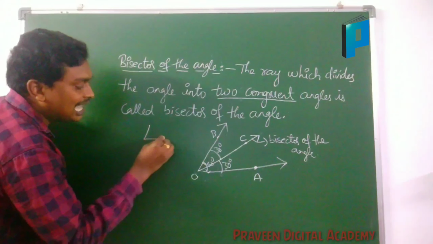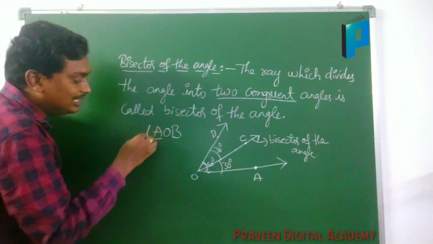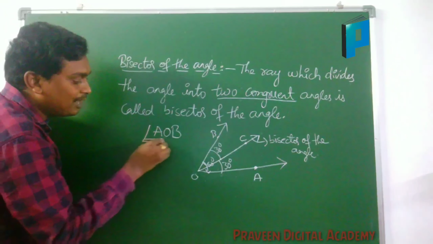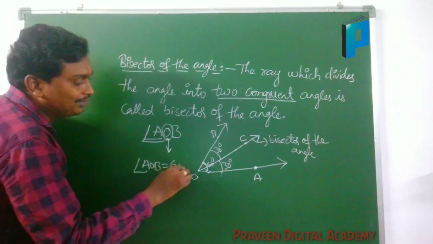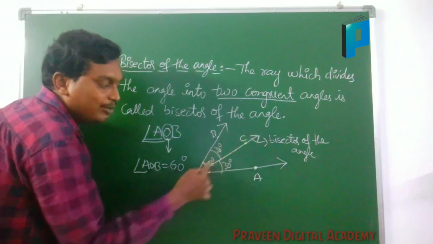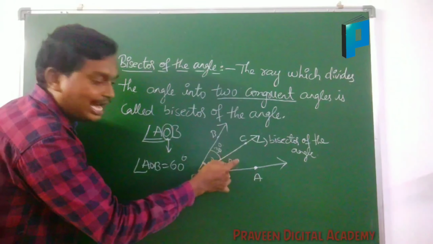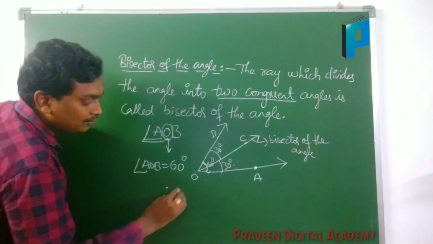We will represent the angle as angle AOB. This is the symbol of angle, and the angle is always named with the center letter. Angle AOB is equal to 60 degrees, and this ray OC is dividing the angle into two congruent angles like this.